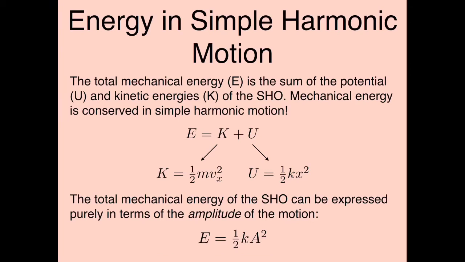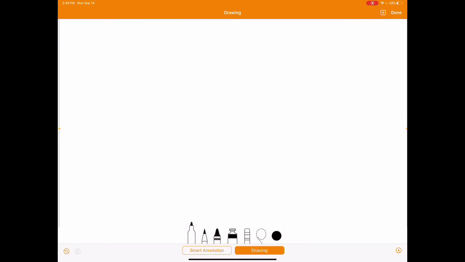So what I want to show you is that the total energy E can be expressed purely in terms of the amplitude of the motion. In other words, if we do a little work, we can show that the total energy E is equal to 1/2 k times A squared, where A is the amplitude. So let's see how that works. We'll start with this.